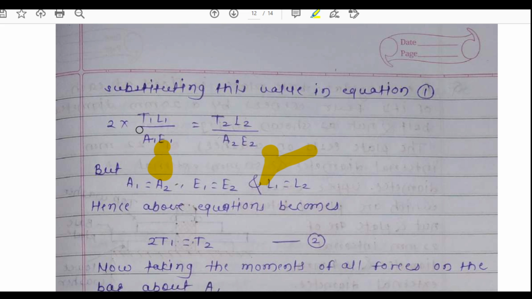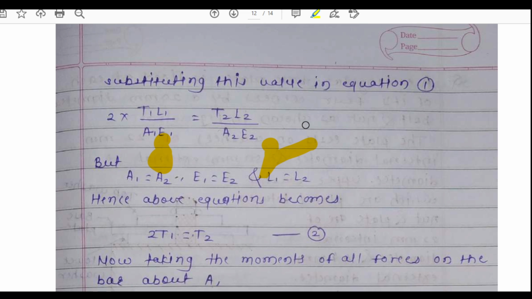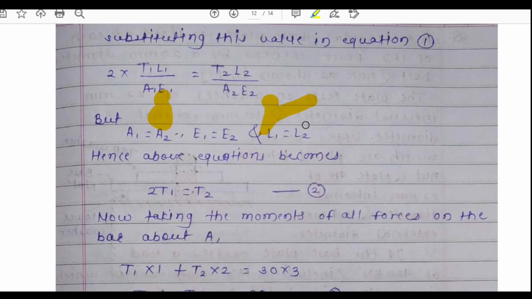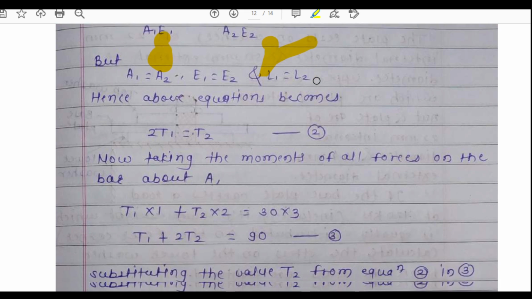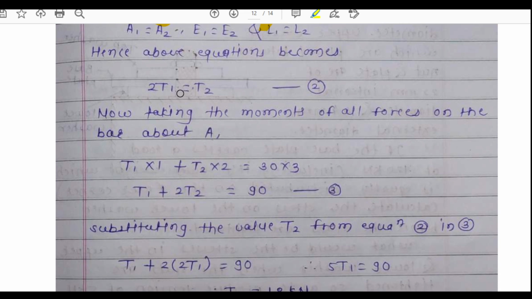As we already know that A1 equals A2, E1 equals E2 and L1 equals L2, the area, elastic modulus and length are the same. So here A1 cancels, E1 cancels and L1 also gets cancelled. So the remaining is 2T1 equals T2.